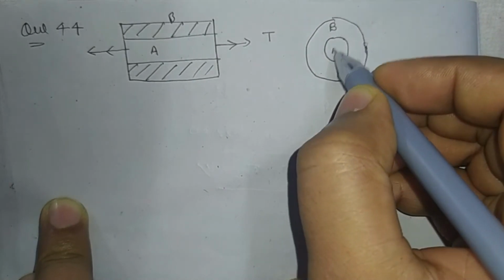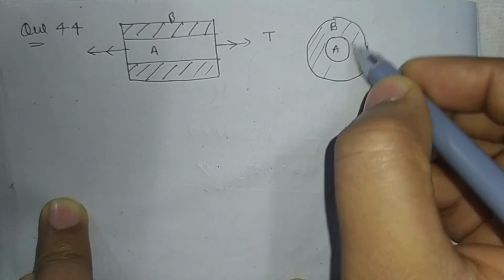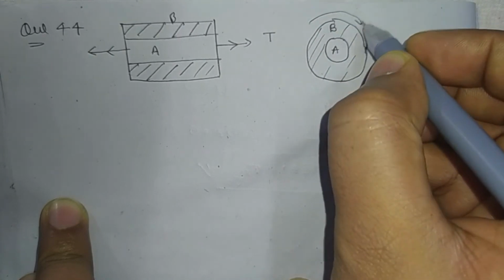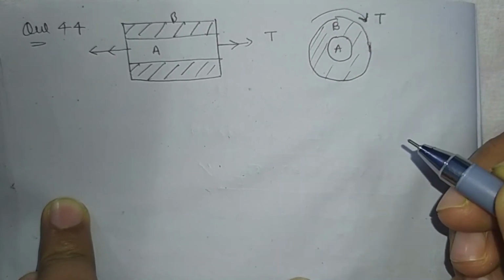This is B material, this is A material. This is subjected to a torsion or the torque T.